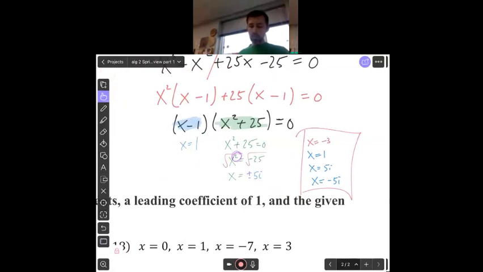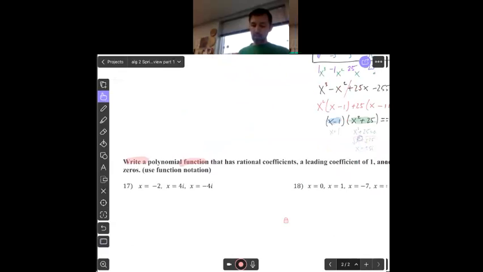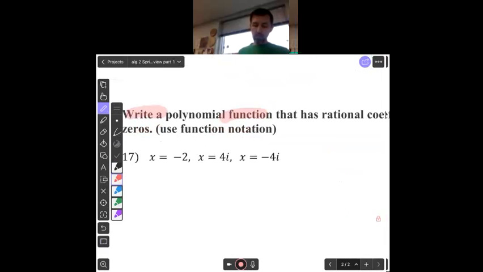How do we work backwards up to the function which started this? Well, where it starts is, where did this 1 come from? 1 came from x minus 1. So the trick here is to make sure you switch that sign as you write it back. We need to write this. And well, if my answer is 1, then my factor must have been x minus 1. So if my answer is negative 2, then my factor must have been x plus 2.